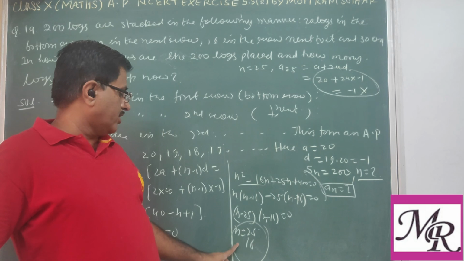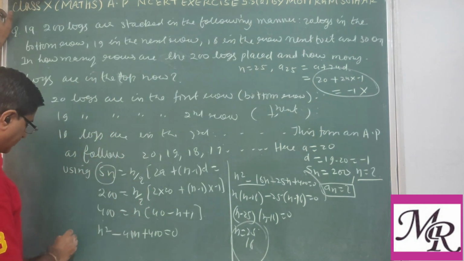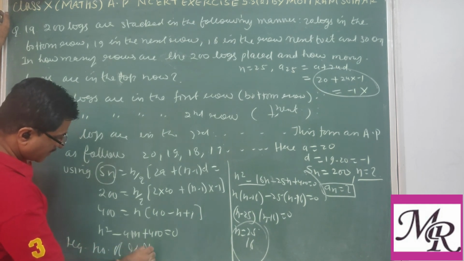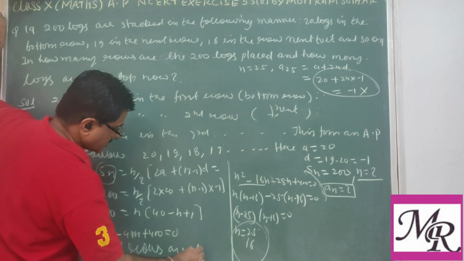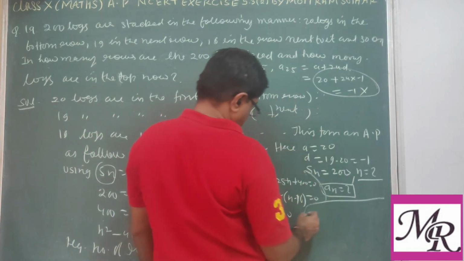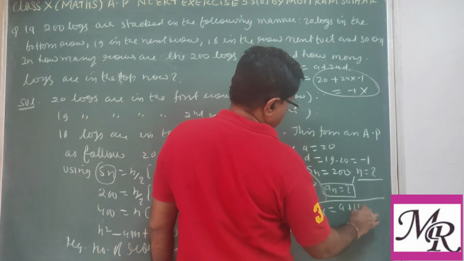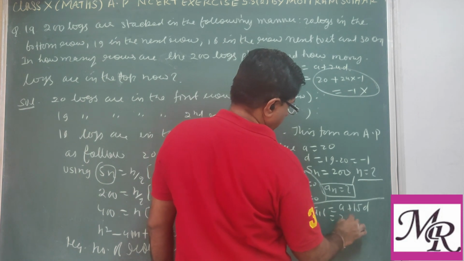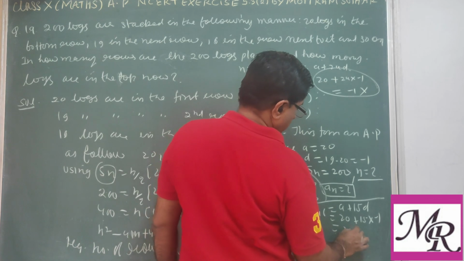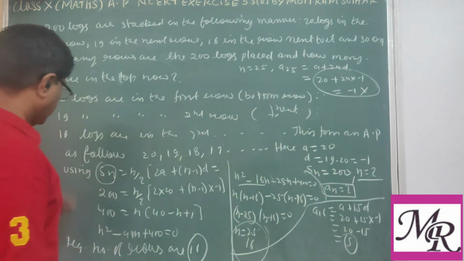So our number of rows is 16. Now how many logs are in the last row? We have to find a16, so a plus 15 d, that is 20 plus 15 into minus 1, so 20 minus 15, that is 5. So in the last row there are 5 logs.